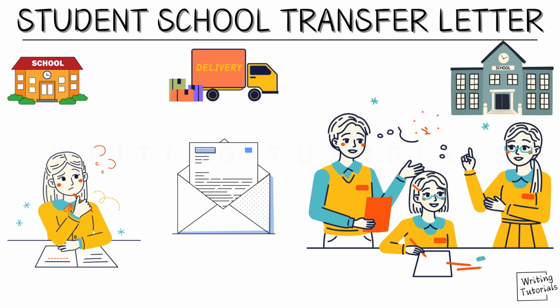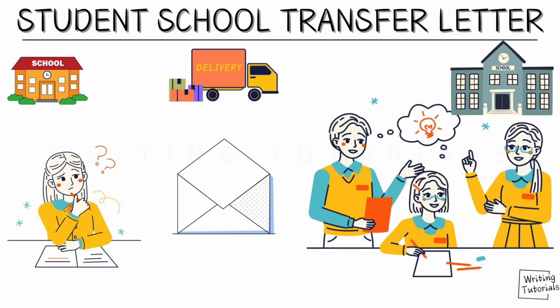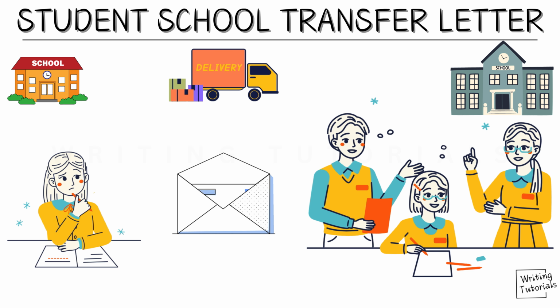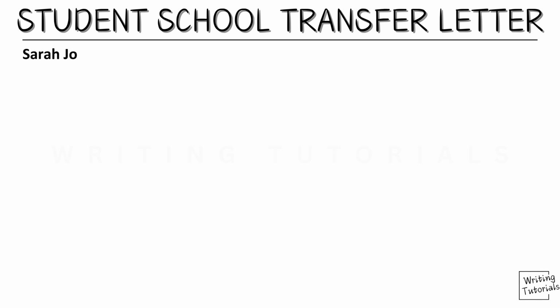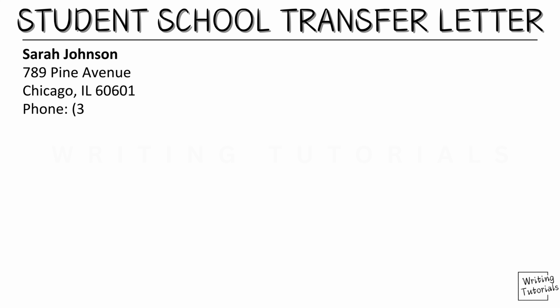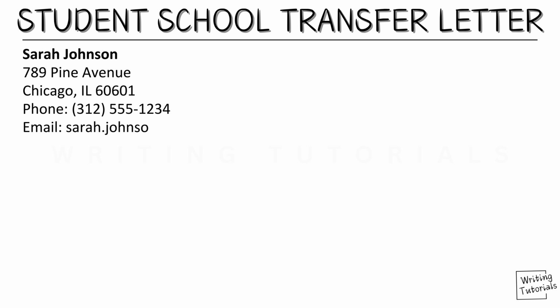Let's begin with the sample provided by Sarah Johnson, who is requesting a school transfer for her child. The header. Start with your contact information. The letter begins with the parent or guardian's contact information at the top. In this case, Sarah Johnson includes Sarah Johnson, 789 Pine Avenue, Chicago, Illinois, 60601.